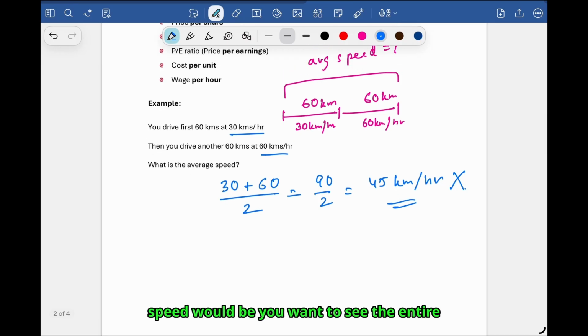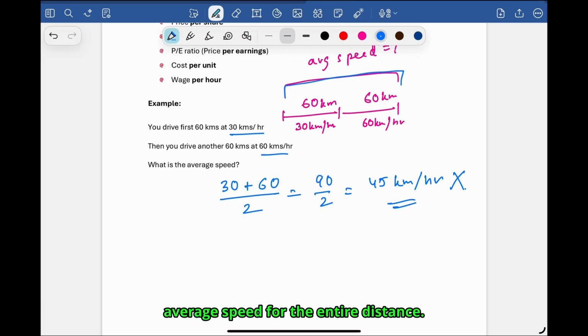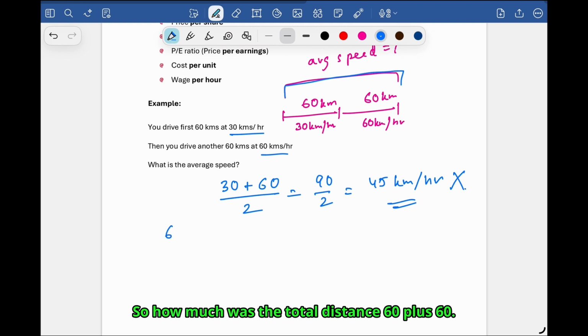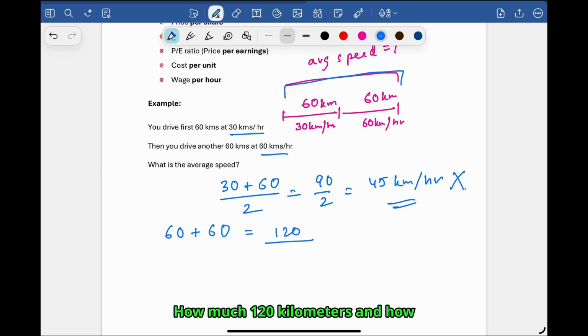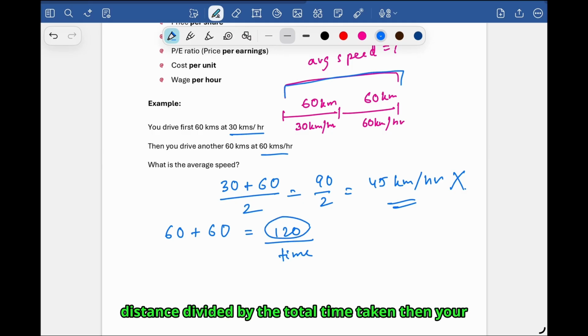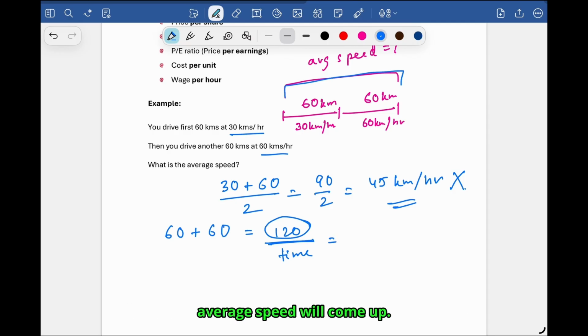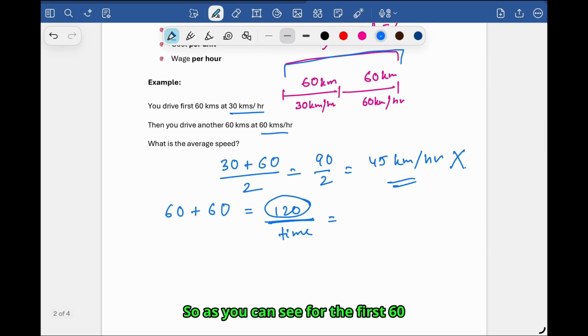You want to see the average speed for the entire distance. So how much was the total distance? 60 plus 60, which is 120 kilometers. And how much time did it take? Average speed is the total distance divided by the total time taken. For the first 60 kilometers at 30 kilometers per hour, 60 divided by 30 means it took you 2 hours.